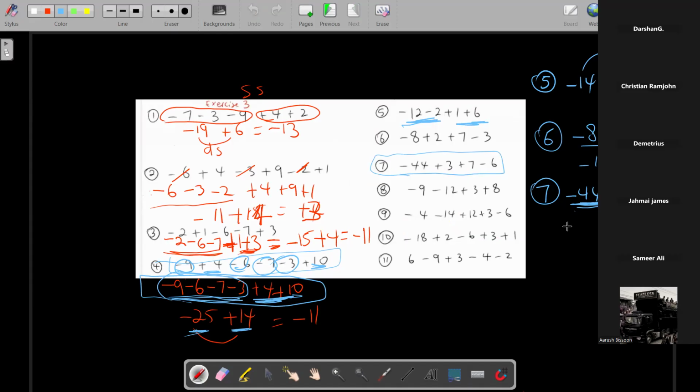We get negative 50. And here we do the same thing, we get positive 10. Now do we have same signs or different signs? We have different signs. So tell me the answer. Negative 40. Excellent.